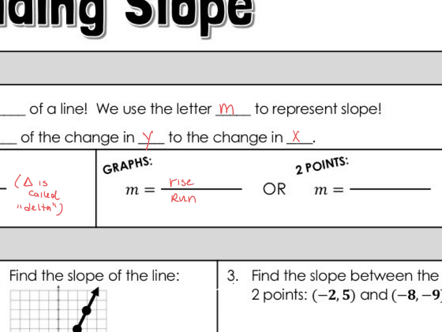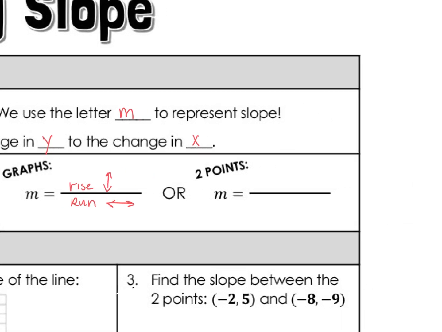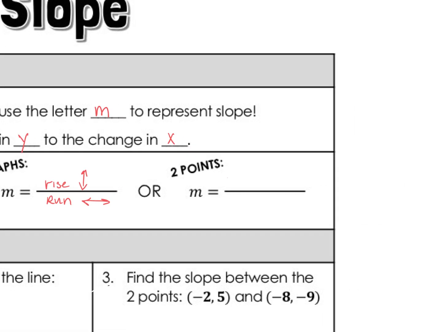The rise is this way, up and down. The run is left and right. Or when we have 2 points, it is y2 minus y1 over x2 minus x1. And here we're talking about coordinates, so have this on your paper already.